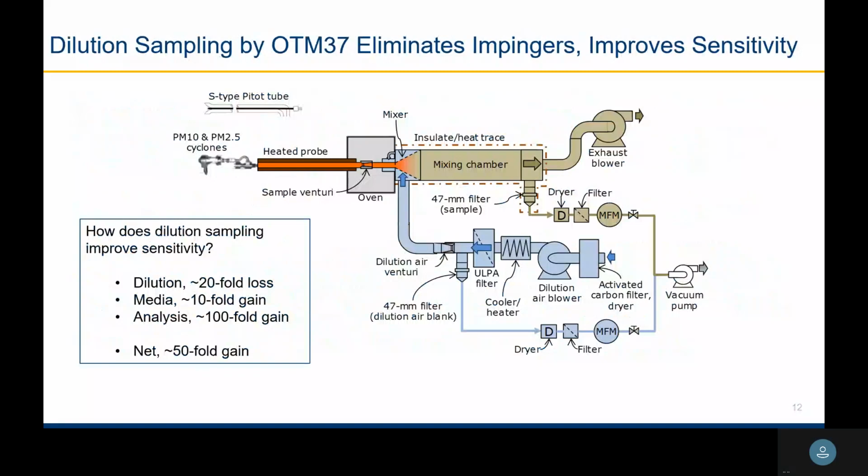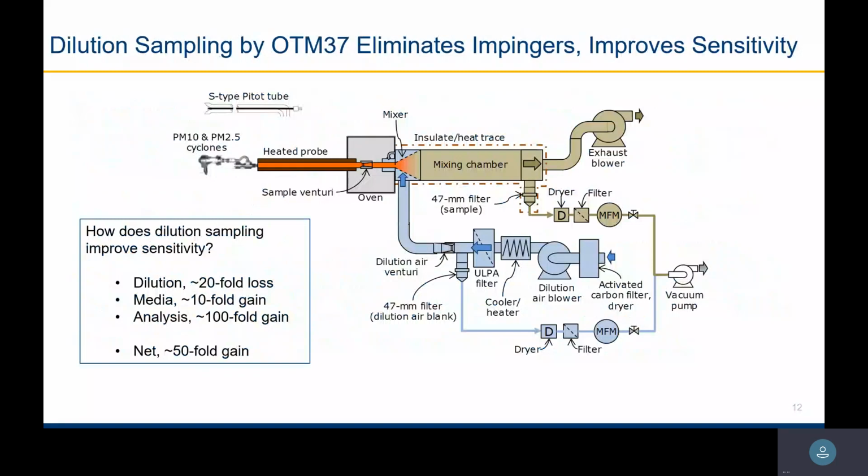We then blow in clean, dry, ambient air, and it mixes with the heated sample in a special mixing chamber. And then this chamber here is maintained at 65 to 85 degrees. It's an imitation of the atmosphere. No liquid here. There's no way for any of the vapors here to condense.